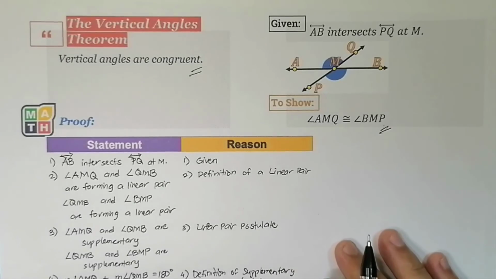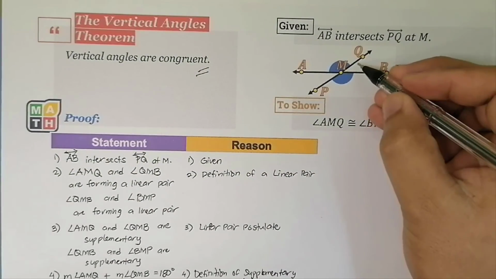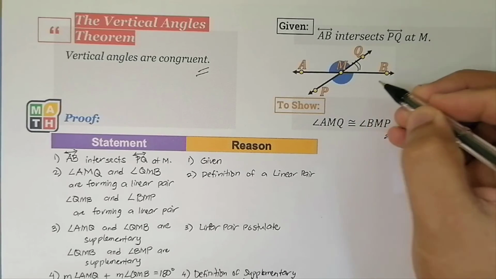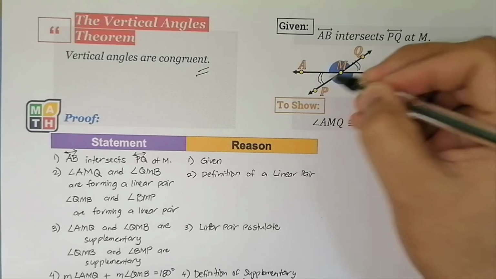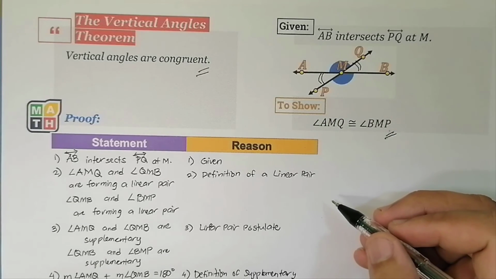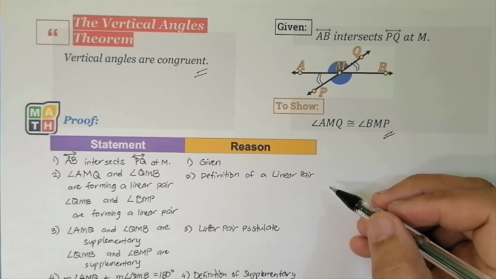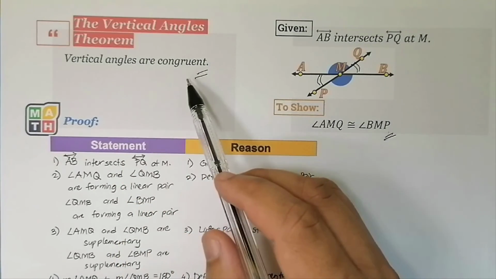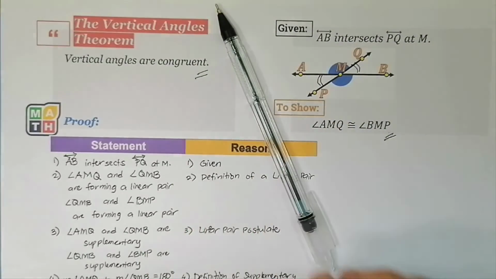You could also use this given proof if you would like to show that angle QMB is congruent to angle PMA. This is the proof for the vertical angles theorem, which tells us that vertical angles are congruent.